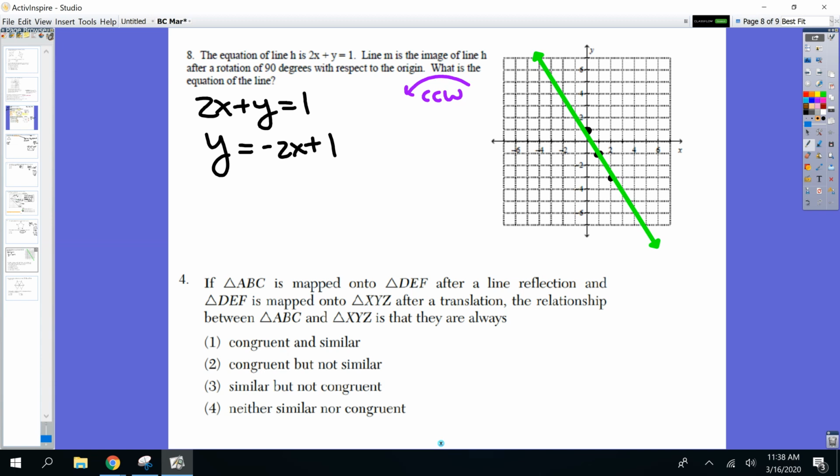So write down what the new point is for 0, 1, and what's the new point after I rotated for 1, negative 1. Jot those down. So 0, 1, after you rotated it, should have become negative 1, 0. And for 1, negative 1, you should be looking at 1, 1 after you rotated it.